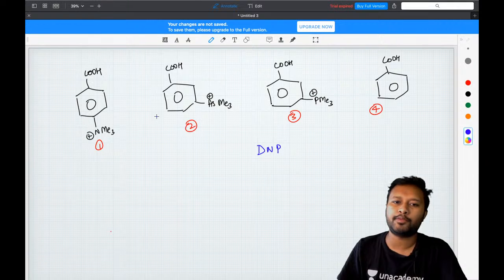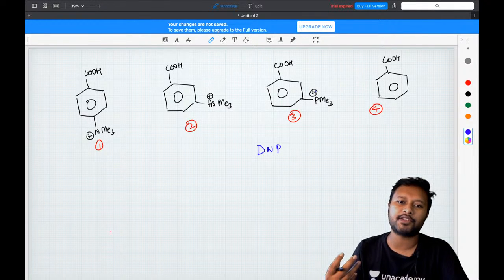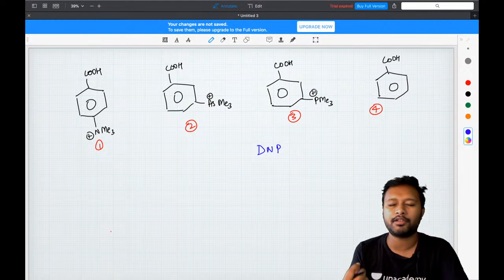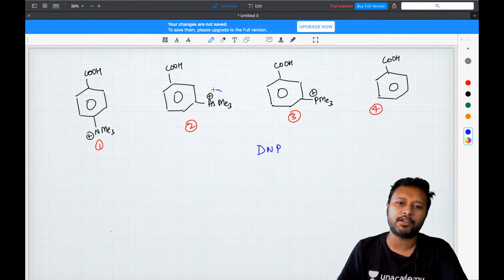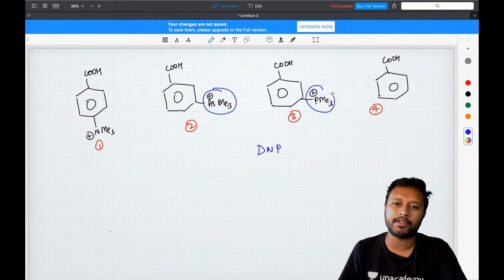All these groups apply the inductive effect, because the electronegative atom carries a positive charge. Since these two are near to the carboxylic acid, they apply more inductive effect compared to the other, because of the distance.